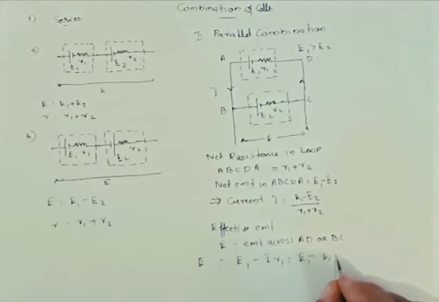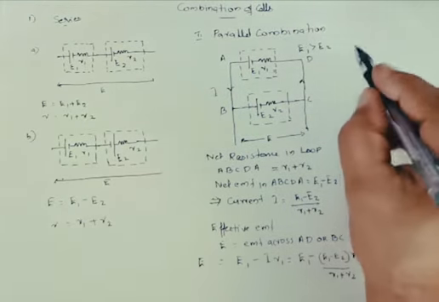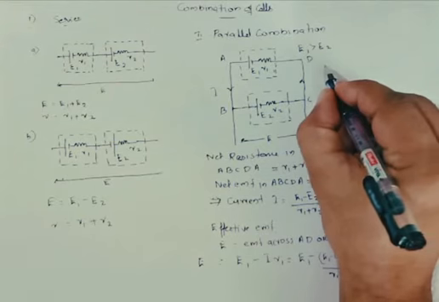So E1 minus E1 minus E2 over R1 plus R2, multiplied by R1. This is actually the EMF worked out along the side AD, I think. AD.